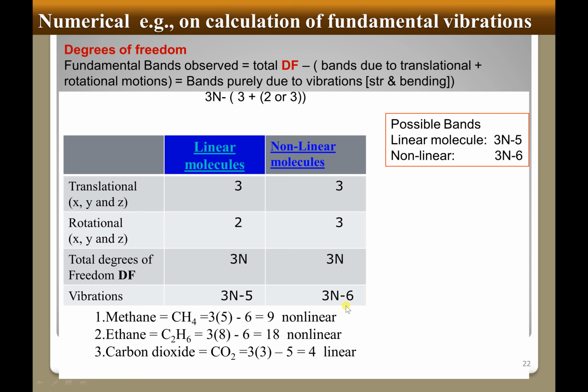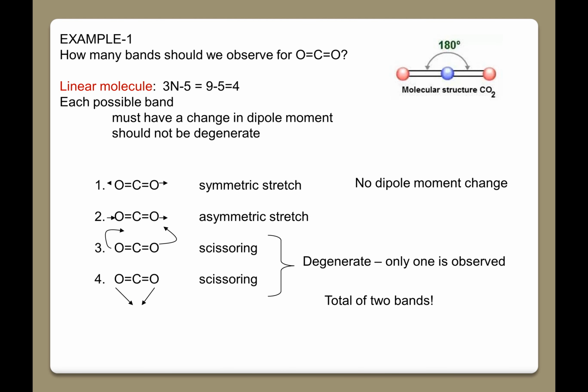So let us see the carbon dioxide molecule, and you have 4 fundamental vibrations. This is a linear molecule, just a straight molecule along one plane with a 180-degree angle. So which are these 4 fundamental vibrations? One is the symmetric stretch, another is the asymmetric stretch. This is symmetrically stretching in both directions, this is asymmetrically stretching only in one direction.